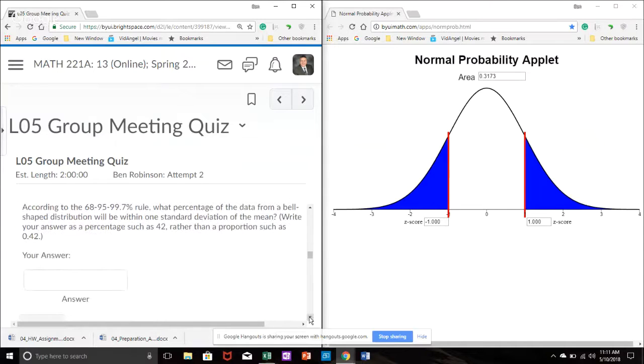Okay. According to the 68, 95, 99.7% rule, what percentage of the data from a bell-shaped distribution will be within one standard deviation of the mean? Write your answer as a percentage such as 42 rather than a proportion such as 0.42.